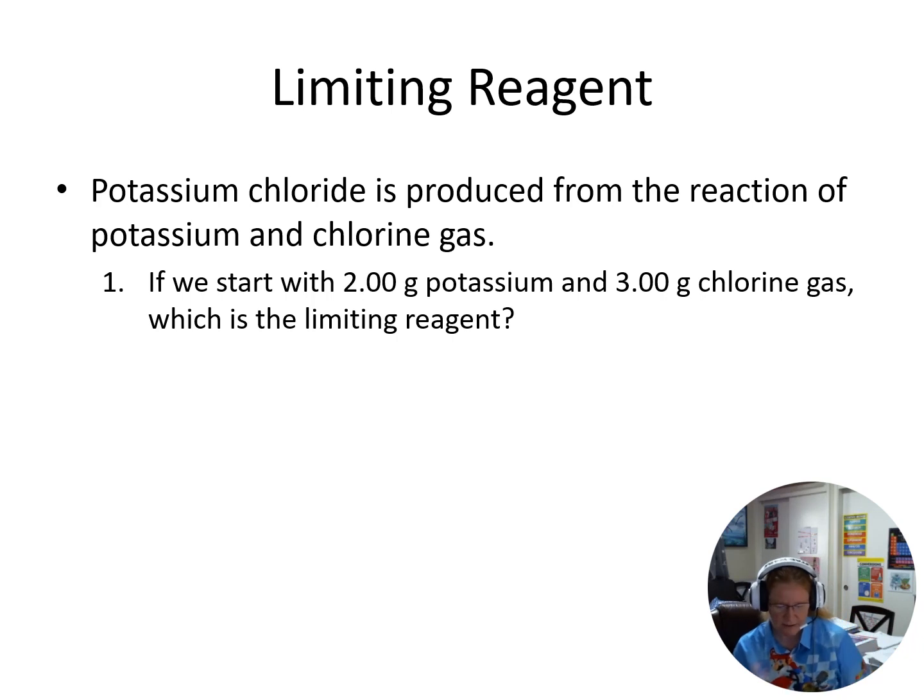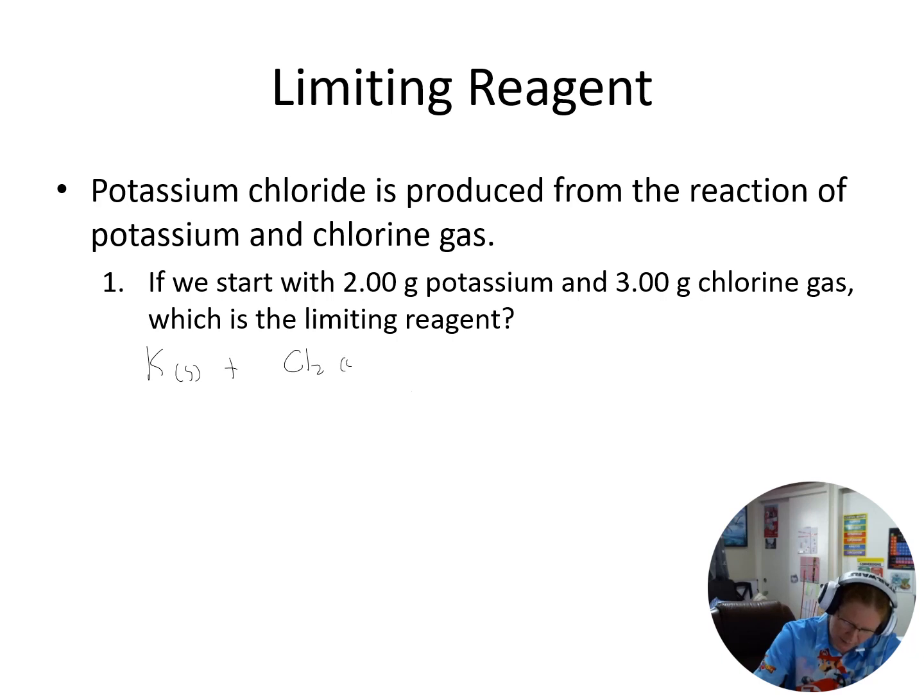Now, let's take a look at this. So we're going to have some potassium and some chlorine, and we're going to make some potassium chloride. Okay, so potassium, where chlorine's diatomic. Okay, and then we'll balance it.